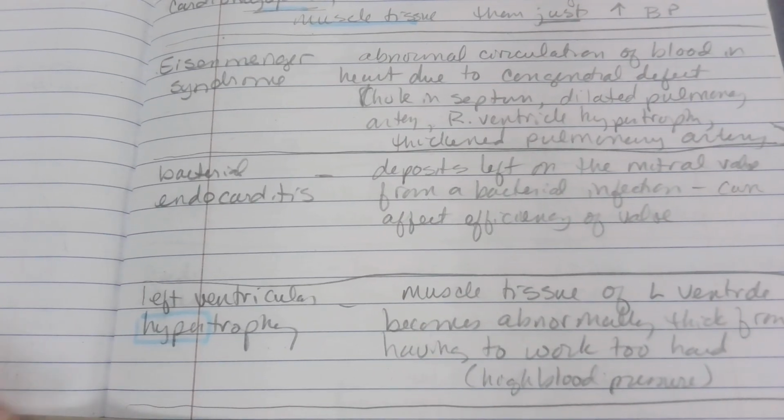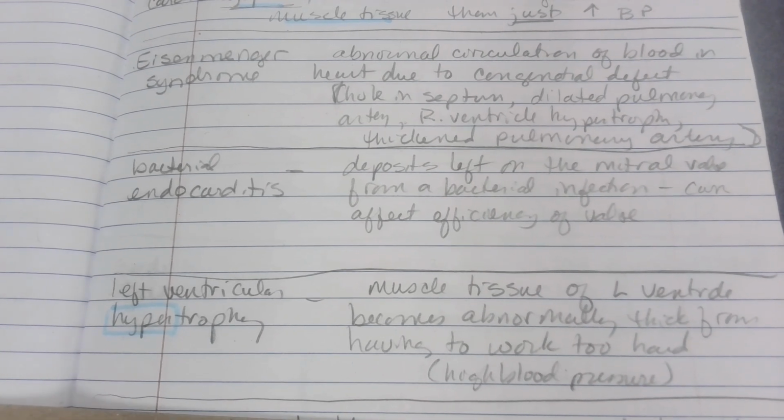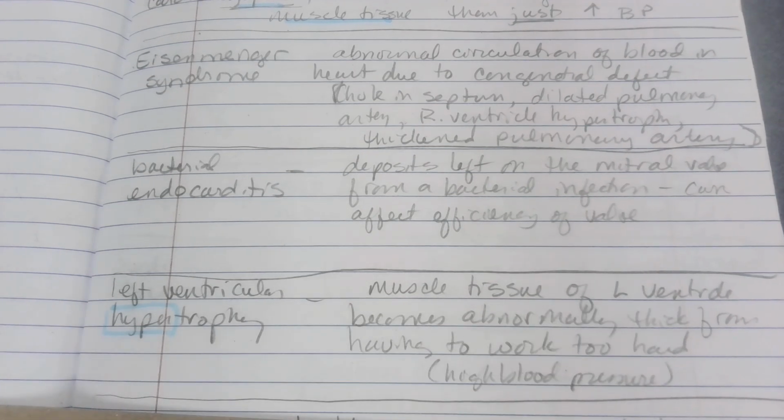Right? Left ventricular hypertrophy. So hypertrophic cardiomyopathy was an abnormally large increase in the thickness of the muscle of the heart. Left ventricular hypertrophy, this is specific, the left ventricle. So the muscle tissue of the left ventricle becomes abnormally thick from having to work too hard.